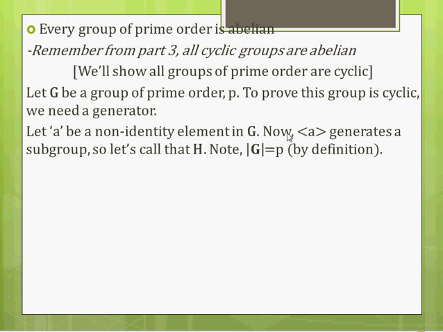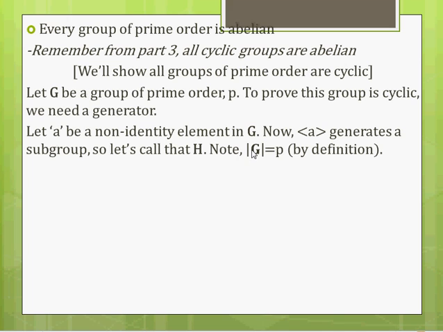That element generates a subgroup, for sure. Just trust me on that, or you can review lecture 3 on cyclic subgroups to get a better understanding. Let's call the subgroup that it generates H. It's nothing new; we'll use H for subgroups.